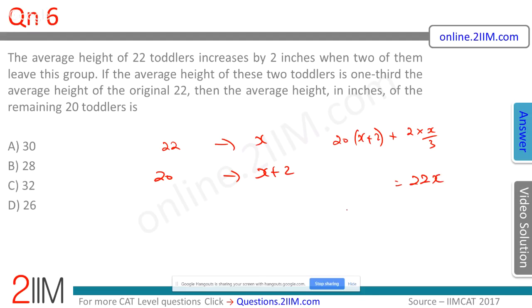So I'm going to multiply by 3 on both sides. So 60x plus 120 plus 2x equals 66x. This is 62x, so 120 equals 4x, or x is 30. Then the average height of the remaining 20 toddlers is 32 inches. X plus 2. Done. Let's go to the next one.